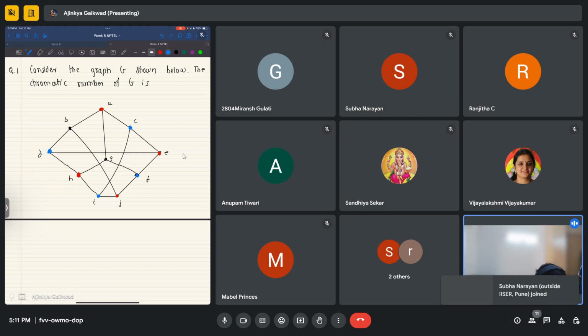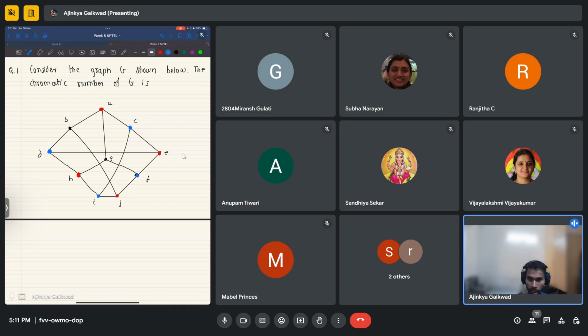Now, is this much correct? I don't see any edge between... Oh, okay, there's a problem. I added an edge between two vertices which are colored blue. So can you see this is not a correct coloring?